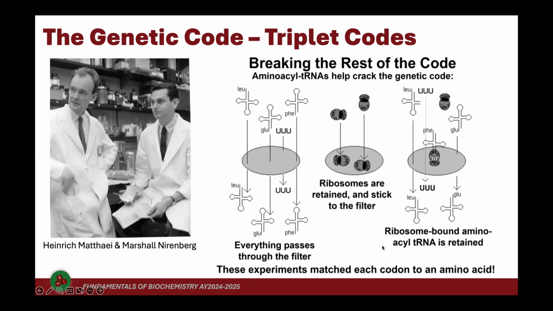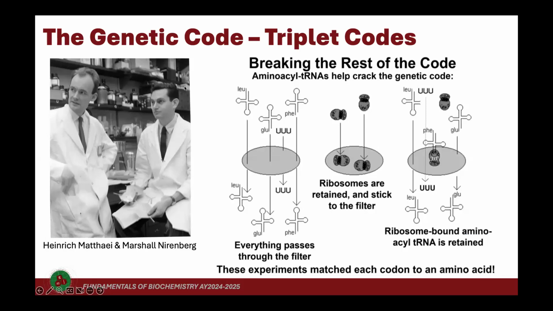So this also helped in matching the codon to each amino acid. So with the help of the tRNA molecules, to be more specific, the amino acyl tRNA. So when you see amino acyl tRNA, it means you have an amino acid covalently linked to that specific tRNA molecule.